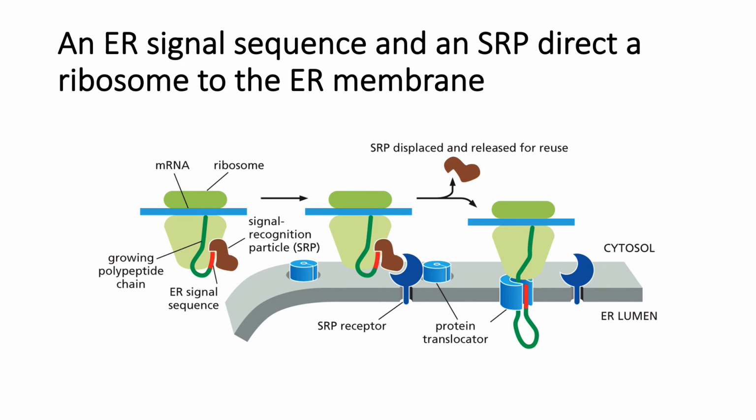Now notice that that red little part, the ER signal sequence, remains associated with the protein translocator, and it actually gets removed by an enzyme called signal peptidase. So let's look at a little bit more in the next slide.